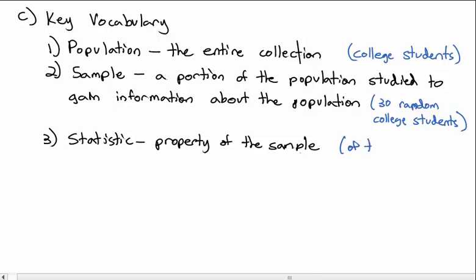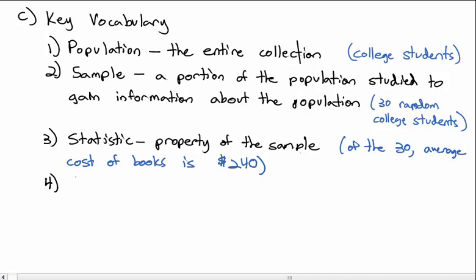So I'll say of the 30, average cost of books is $240. That $240 is not talking about average college students spend $240. 240 is a statistic because it's just talking about the sample, the 30 students we interviewed.